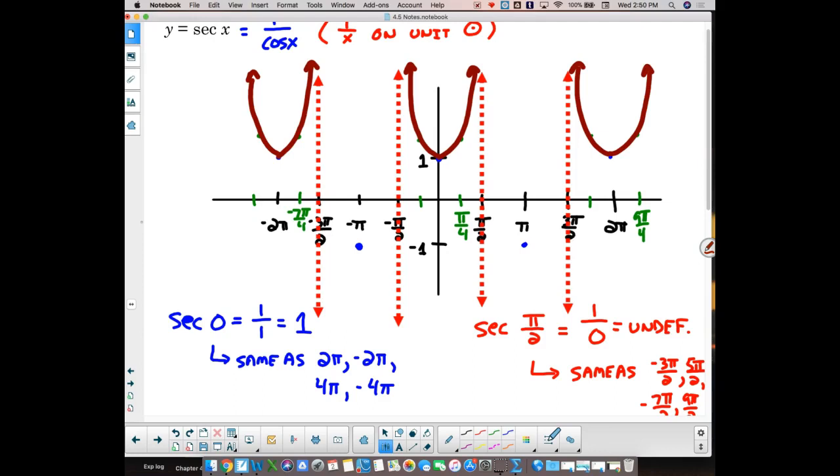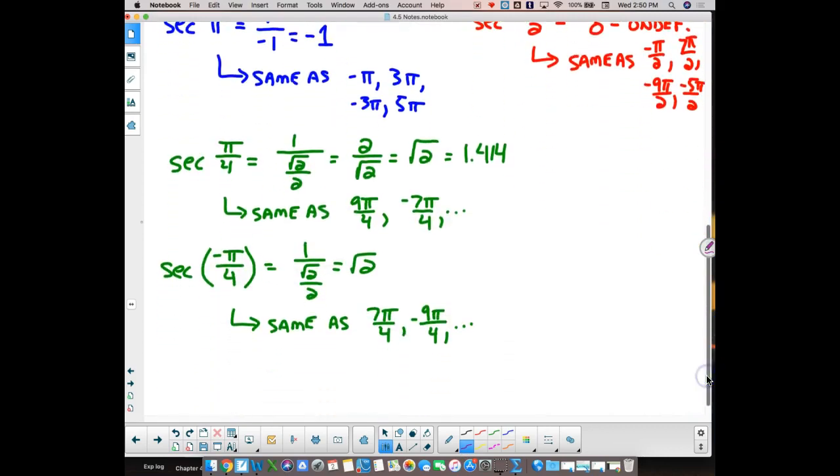Let's verify. Okay. So we're talking in here, this is 3 pi over 4, correct? And what would that one be? 5 pi over 4? So that's going to be 1 over negative square root 2 over 2, which is going to be negative square root of 2.